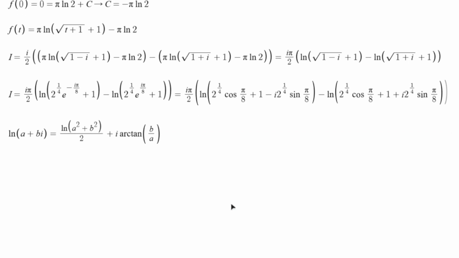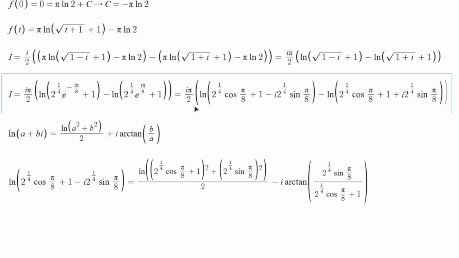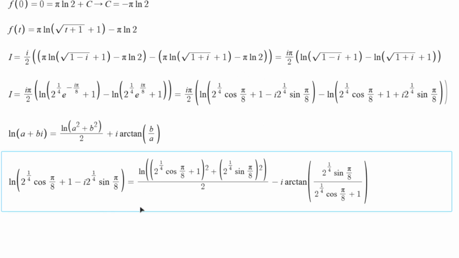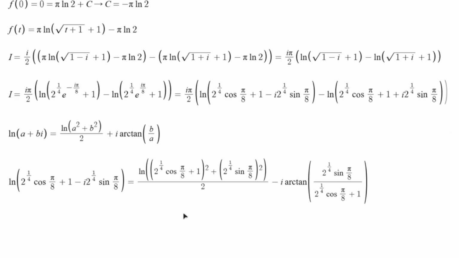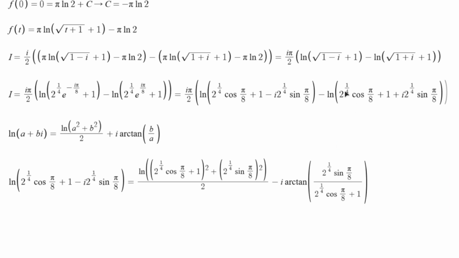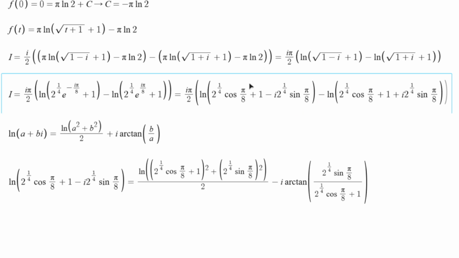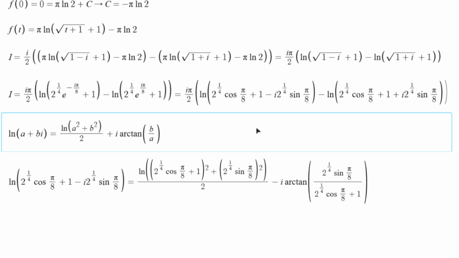So using that formula on our expression for I, first, I just want to say that this natural log right here can be converted using this formula into this minus this. Go ahead and verify that for yourself if you'd like.